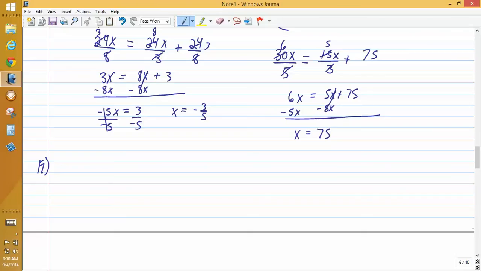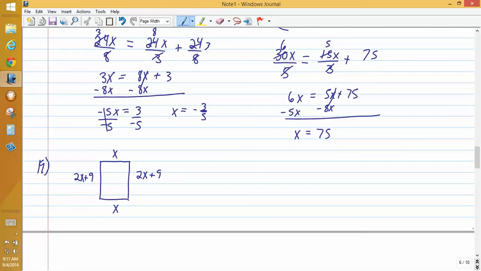Alright, number 19. The length of a rectangular room is 9 feet longer than twice the width. Okay, so if I let the width equal x, it says the length is 9 feet longer than twice the width. So twice the width is 2x. 9 feet longer will be plus 9.